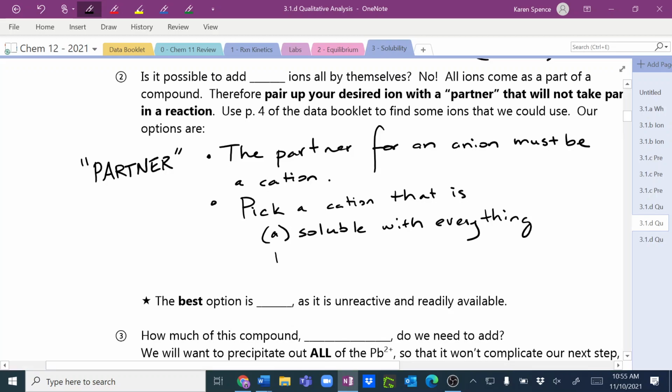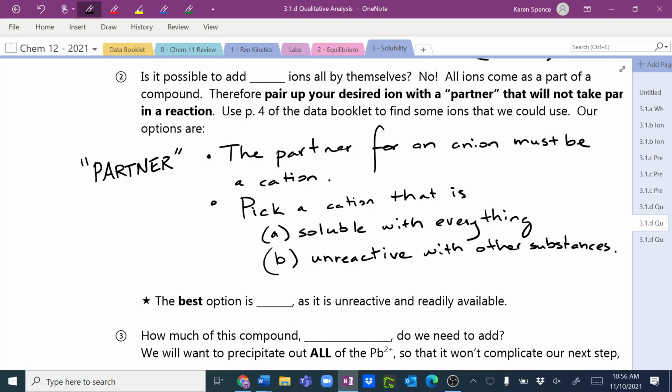You also want a cation that won't react with anything else. You don't want to pick things that are acids, for example. So let's take a look at our data booklet and see if we can pick a cation to pair up with chloride.